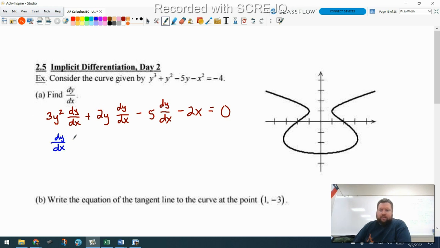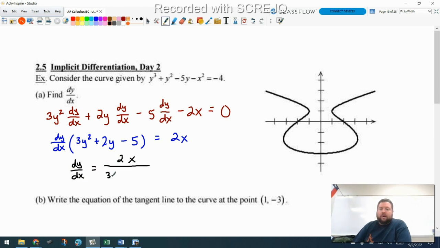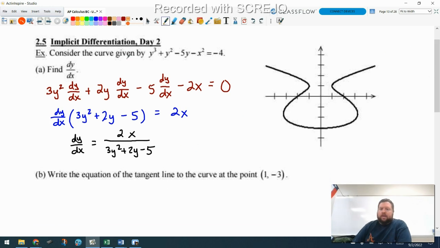So dy over dx times (3y squared plus 2y minus 5) is equal to 2x. The last step will be to divide and get our dy over dx by itself: 2x over 3y squared plus 2y minus 5. All right, part A is done.